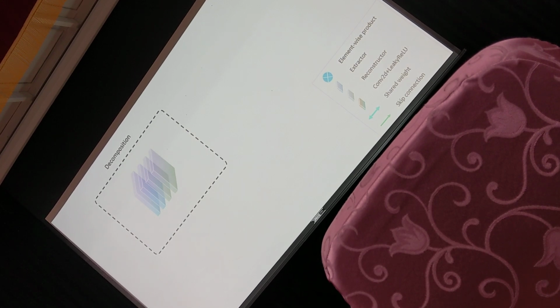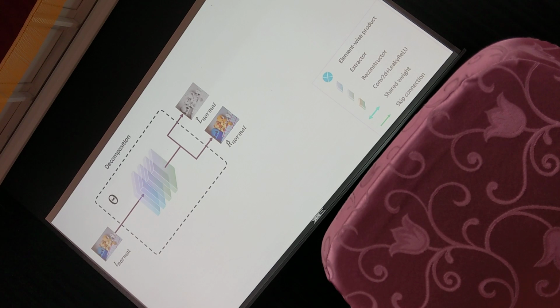First, I prepare a decomposition model with the parameter set theta. Then I feed the normal images into the model so that it returns the illuminance and the reflectance of the normal light image. Then I optimize it with equation 7 mentioned before.